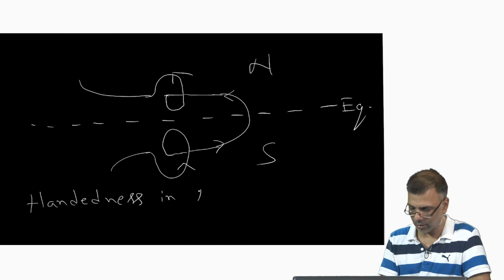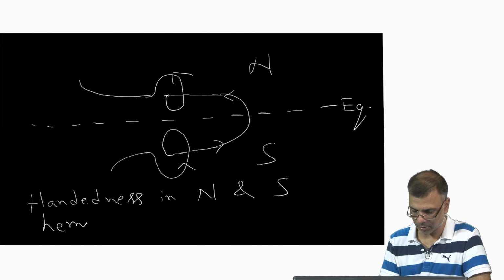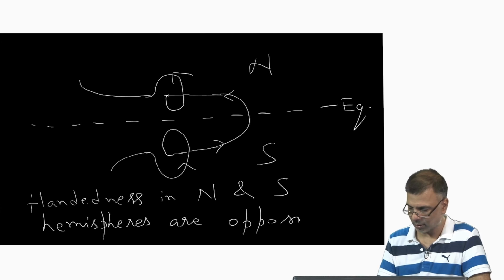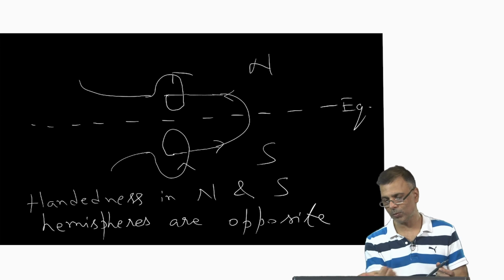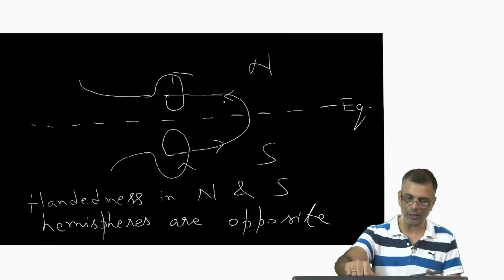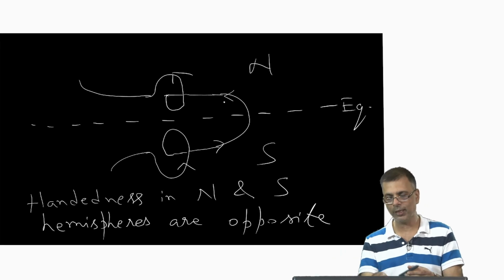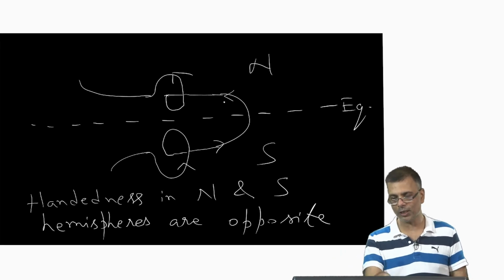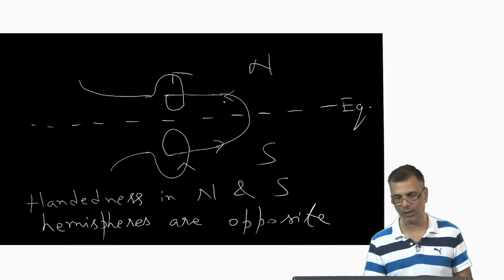You point your thumb along the direction of the field and do a right hand rule, and you'll find that the sense of rotation is opposite in the northern and southern hemispheres.